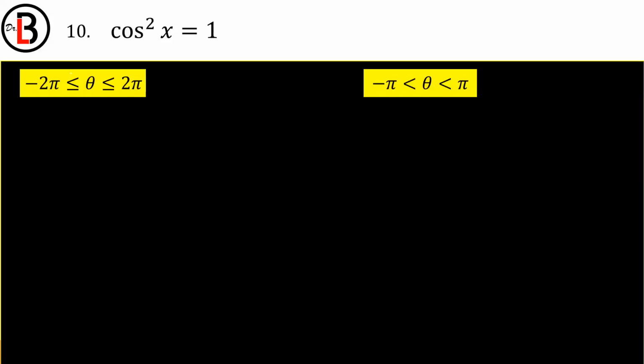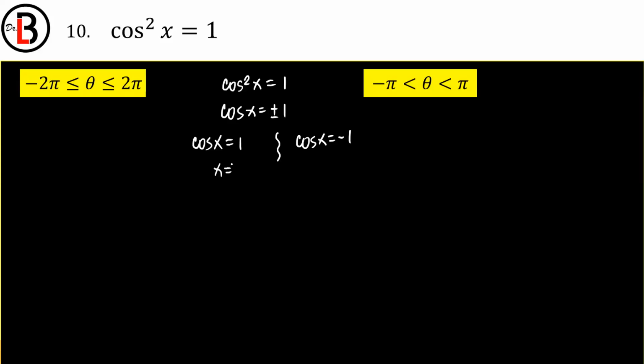Let's try another one. But here, you're given two different conditions. So you know that cosine squared x equals 1, or cosine x is plus and minus 1. So cosine x is 1, cosine x is negative 1. So when is cosine equal to 1?